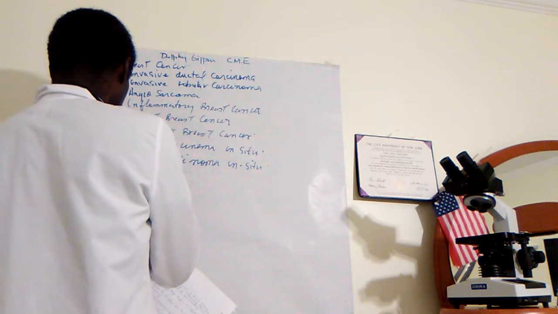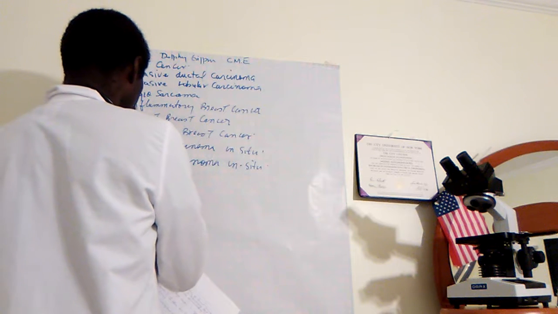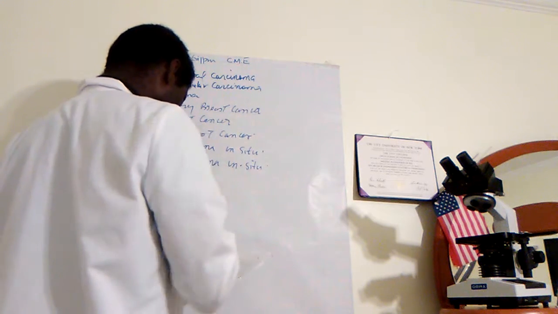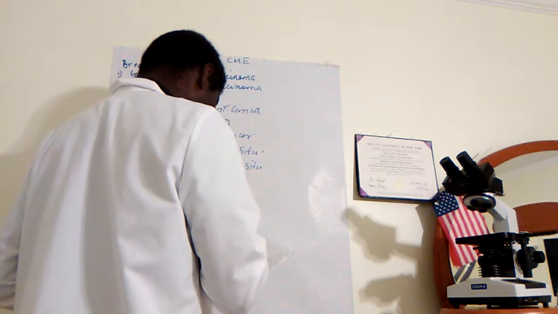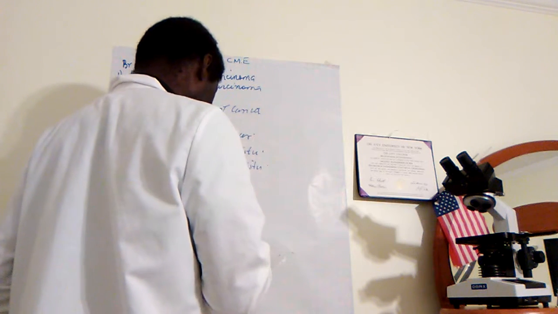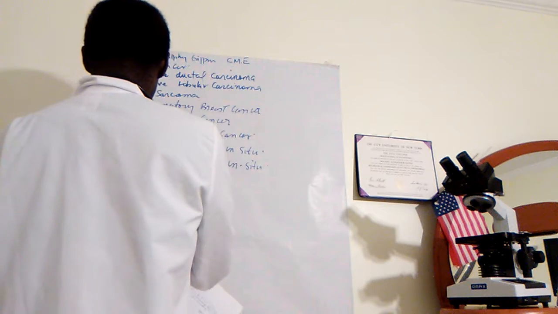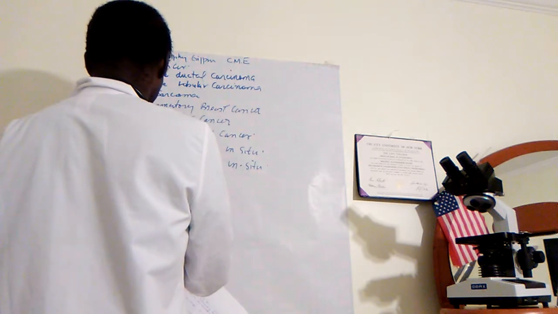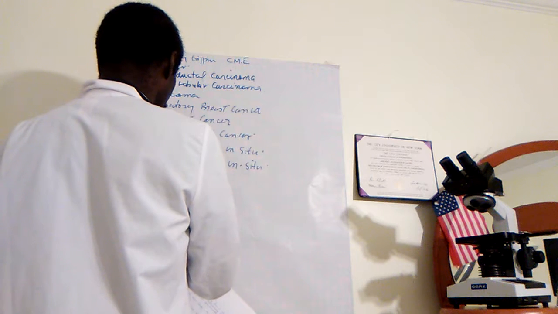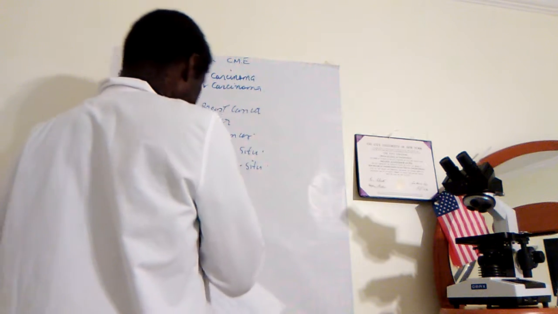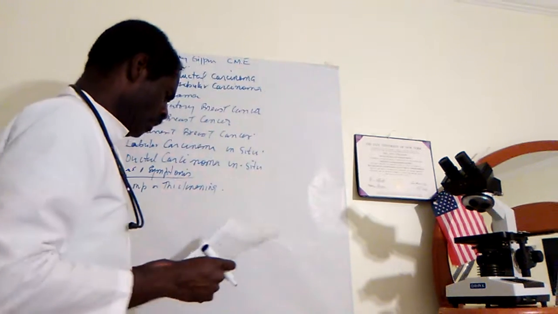So we should write signs and symptoms. We have now a lump or thickening that feels different from the surrounding tissue.